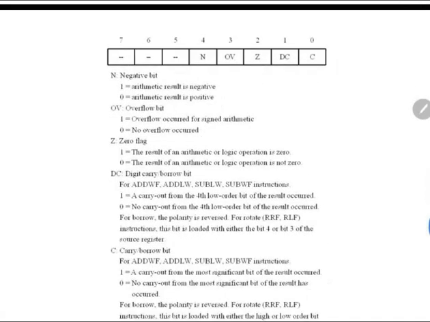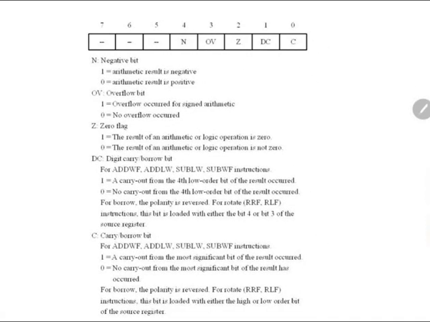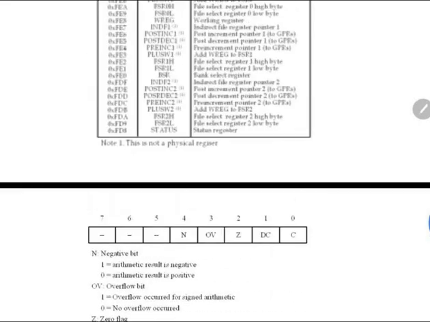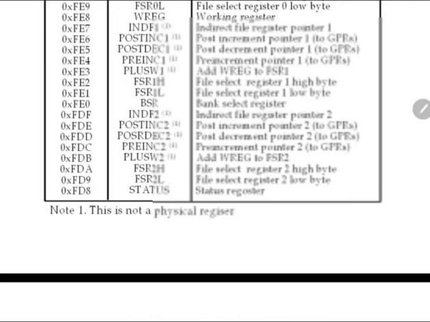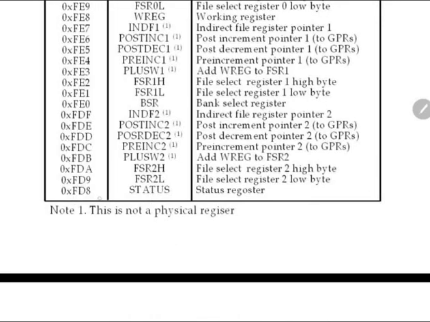So this is the status register. What is the address of the status register? FD8. So it is one location in the special function register, which is located in data memory. Are you all following?